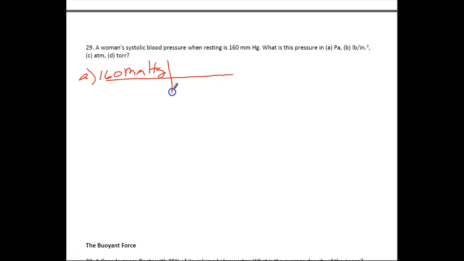And we know that there are 101,325 pascals in 760 millimeters of mercury, so that'd be 1 atmosphere. That's the easiest way to do it, to use what we know. So we're going to end up here with 21,322 pascals.